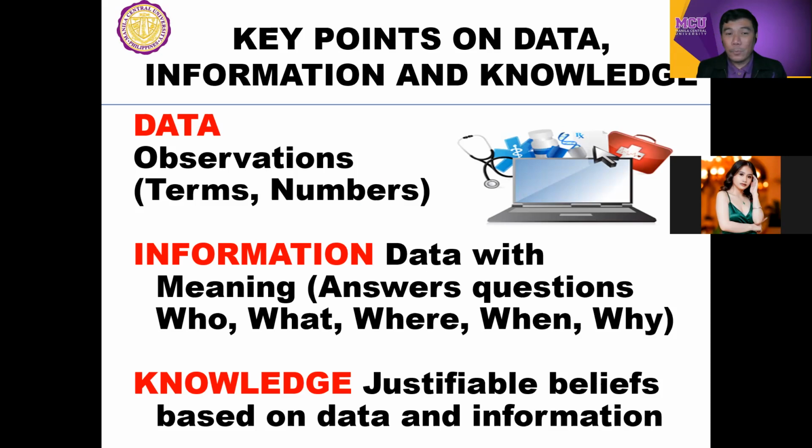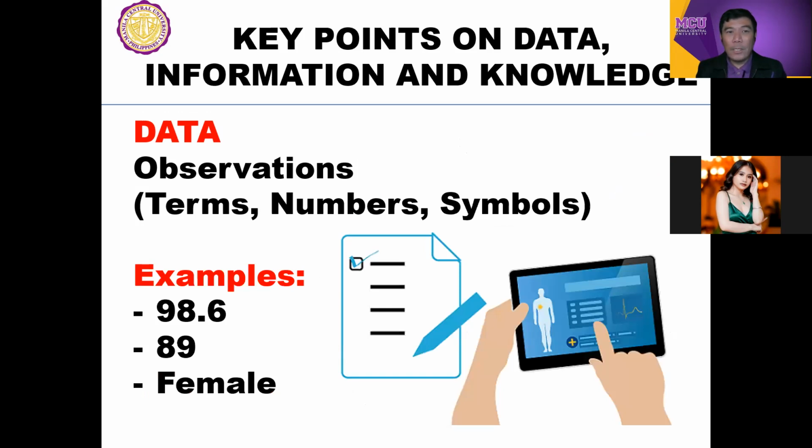Now, when it comes to knowledge, this is how the data and the information are combined so that this will be useful. If this is useful, this will be considered as knowledge. Now, for the observations, terms, numbers, and symbols, data, 98.6. What is 98.6?